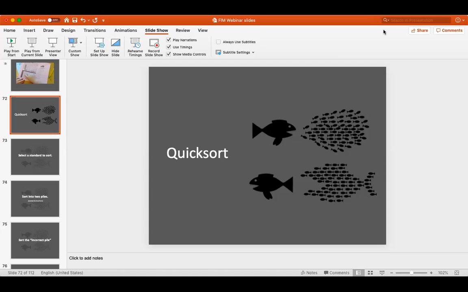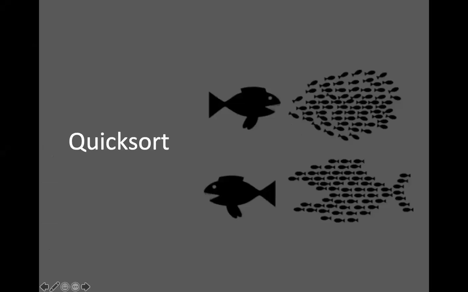So here we go. Quicksort. Really huge piece to our coaching role, and that is looking at student work. We call this a quick sort because that's exactly what it is.